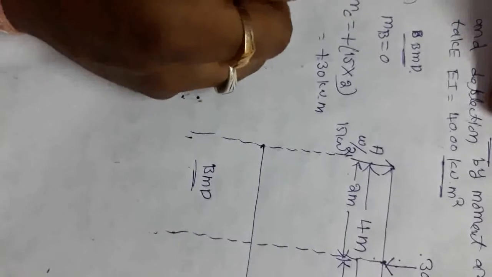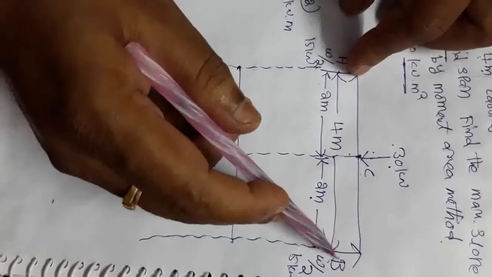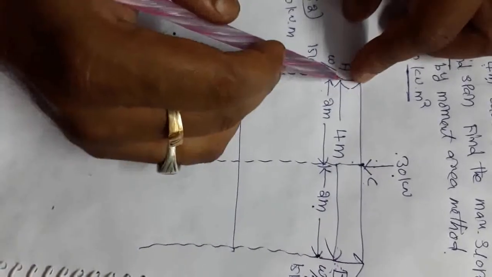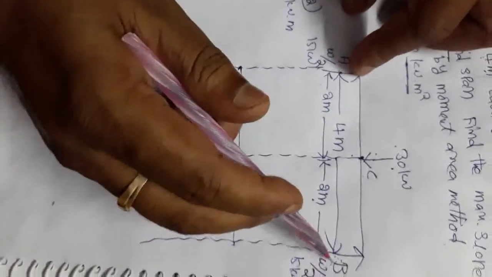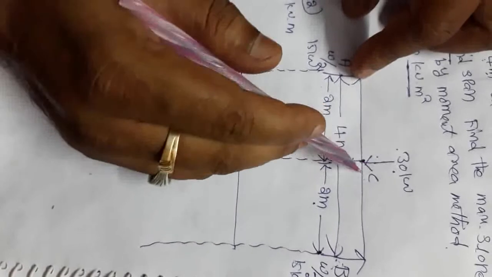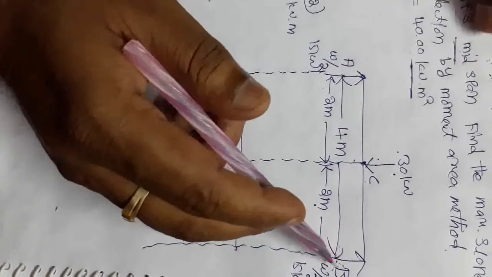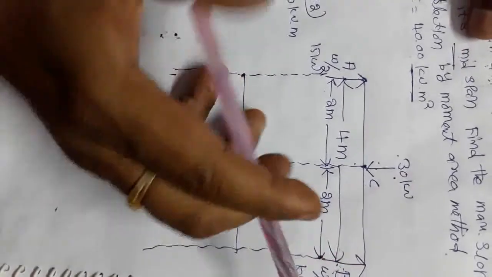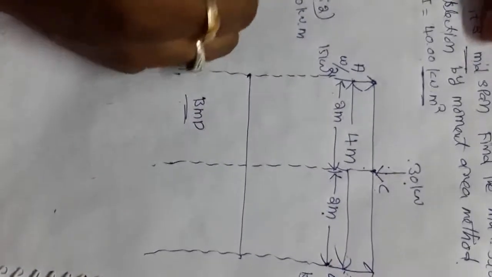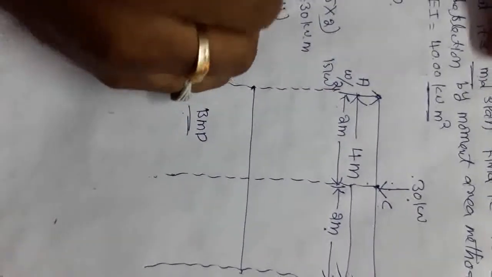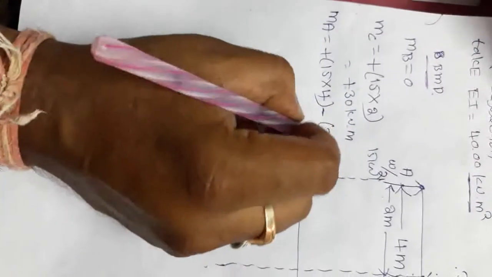And the next point is MA. From B to A, there are two point loads: one is the reaction coming from B in the upward direction, so plus 15 into 4, and the other is the point load in the downward direction, minus 30 into 2.